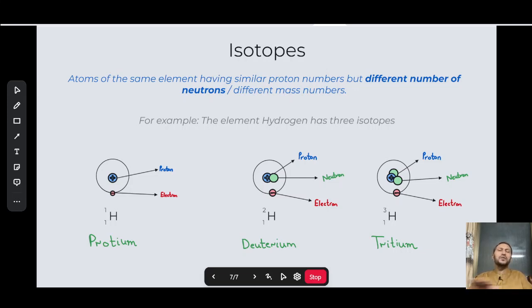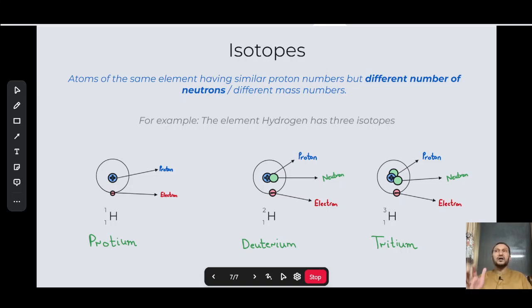There are 3 isotopes of hydrogen, 3 isotopes of carbon, 2 isotopes of chlorine, and so on. Their proton number is the same and the element is the same, but the number of neutrons is different, and due to that the mass number is different.